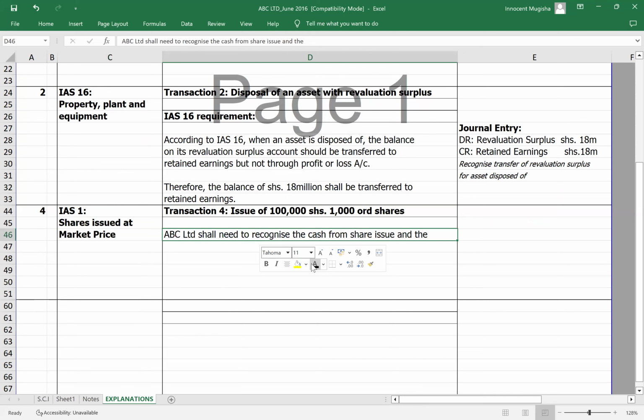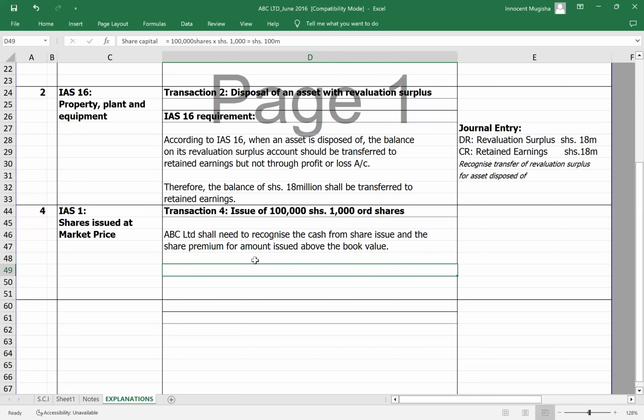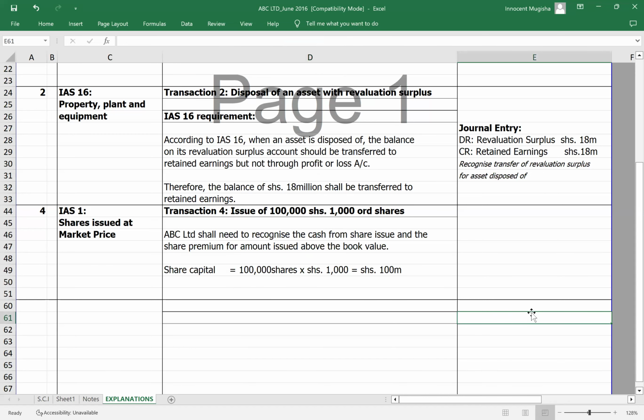So ABC Limited shall need to recognize the cash that it has received from the issue of shares and the share premium for the amount issued above the book value. So the component that is going to the share capital shall be valued in respect to the nominal value of the shares, which is 1,000.